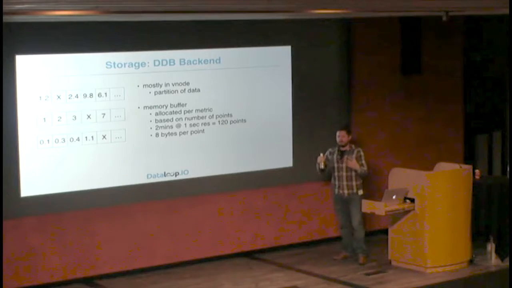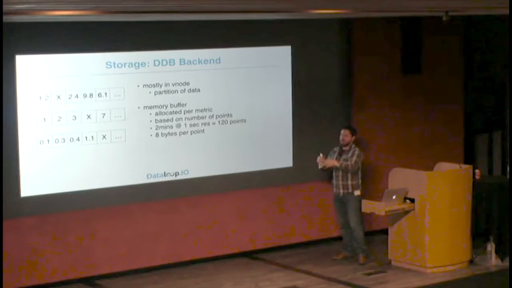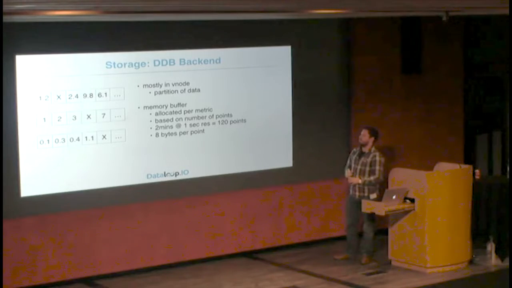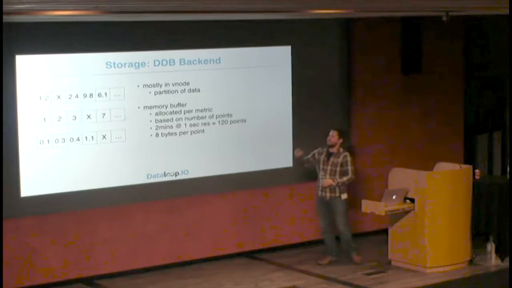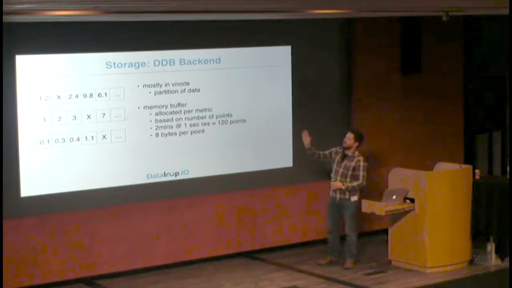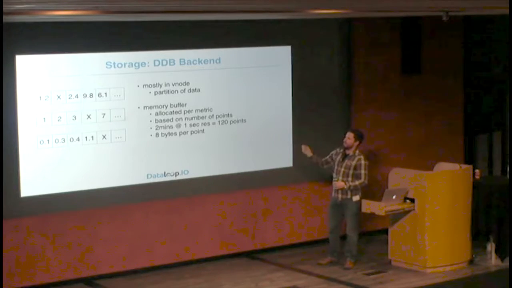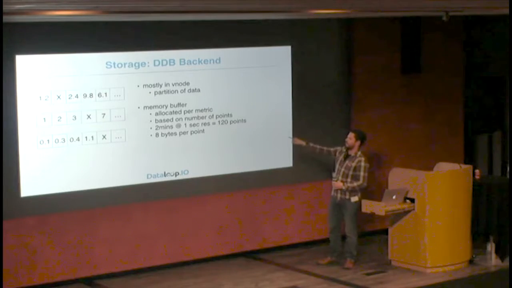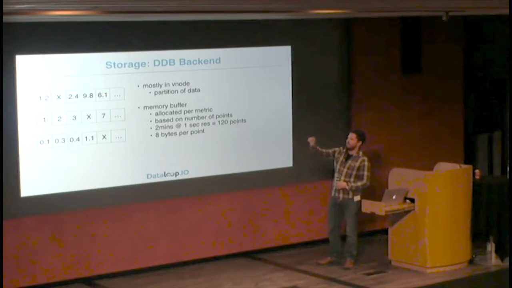There's a constant battle between I/O and memory usage. Obviously, the more buffer space you keep, the more memory it's going to take up, and it reduces the amount of I/O you're using. So a metric will come in, and it will allocate it a place in that buffer based on the time it came in. So you'll have a place in the buffer for every second if you're using 1 second resolution for that point.